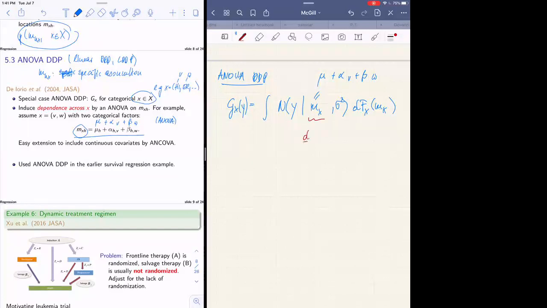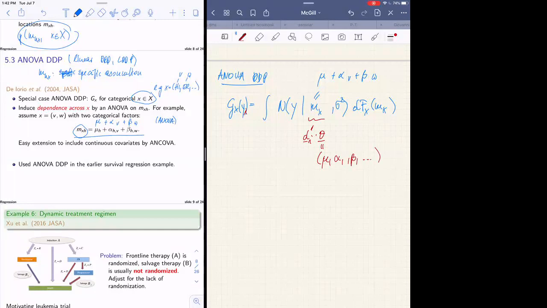Say this one is patient I, then this could be D sub I, the design vector for the ith patient. The design vector is simply a vector that selects the appropriate ANOVA effects. So D_i prime times theta, where theta could be a vector of all the ANOVA effects. So mu, alpha 1, beta 1, and whatever is needed.